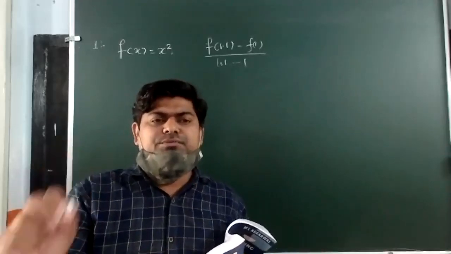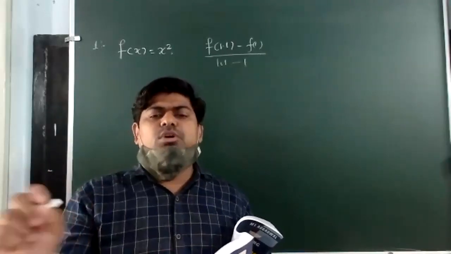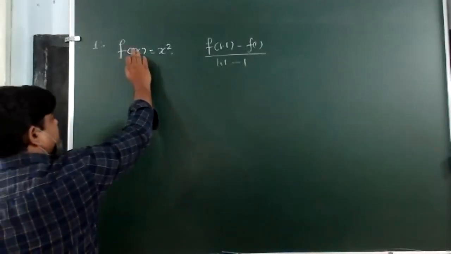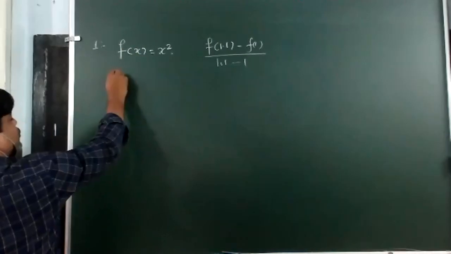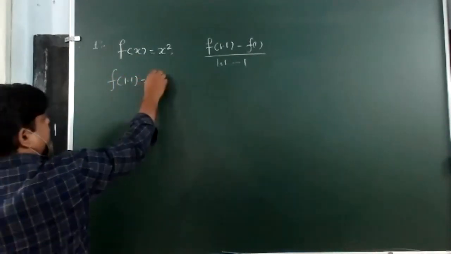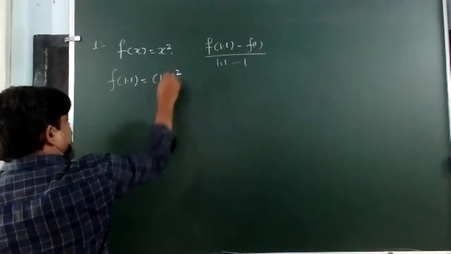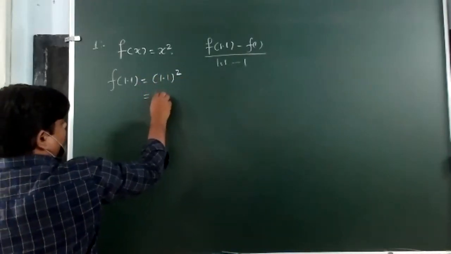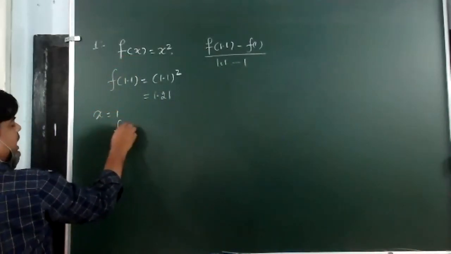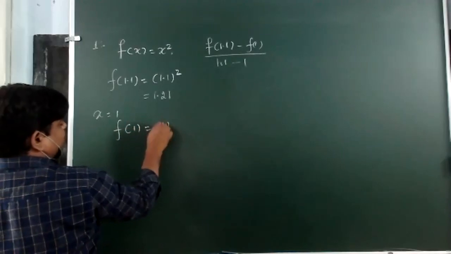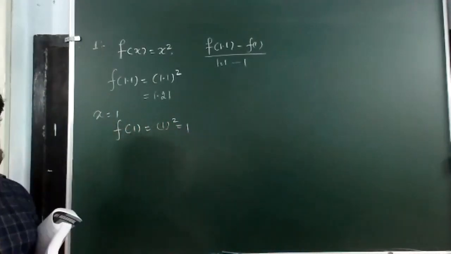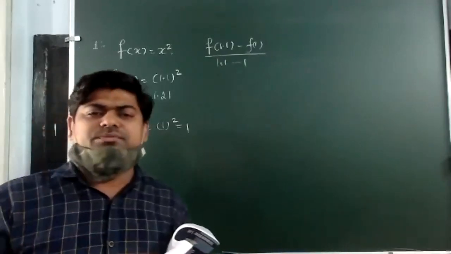First of all we will find f(1.1), and to find f(1.1) simply I should write x is equal to 1.1. So f(1.1) can be written as 1.1 the whole square, and this is 1.21. In the same way, when I take x is equal to 1, I take f(1), and this is 1 square, which is 1.